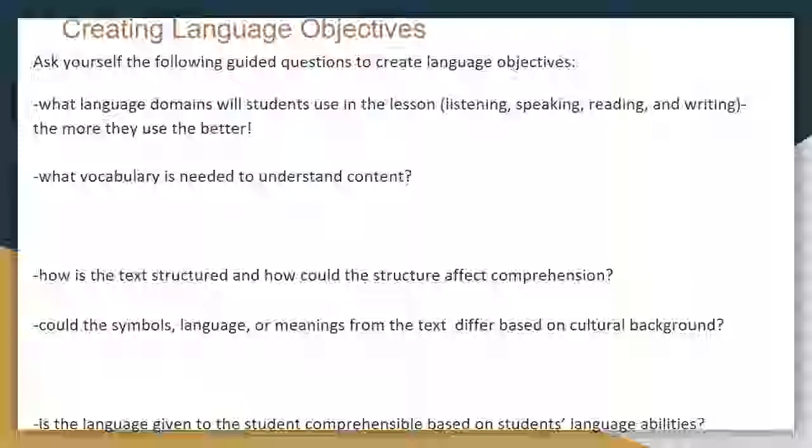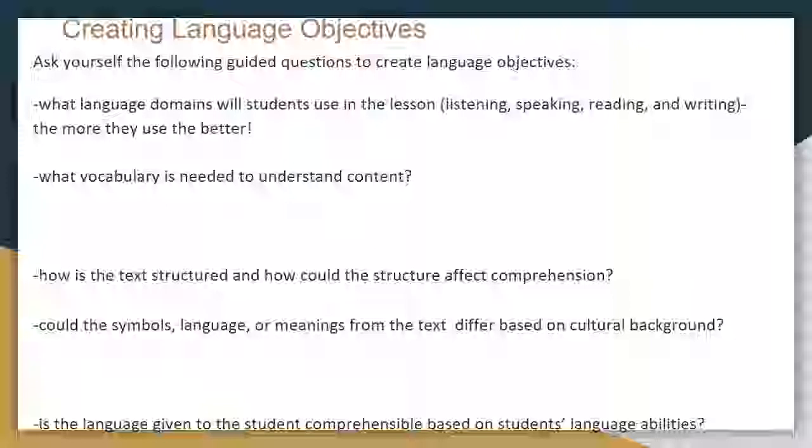Furthermore, when you're writing your language objectives, you can also ask, is the language that I'm providing to students at students' current language ability level or proficiency? And is the language I'm providing to students comprehensible? If not, as part of your language objective, you could put, students will practice with the terms digit or place value, so terms that students might need additional practice with.